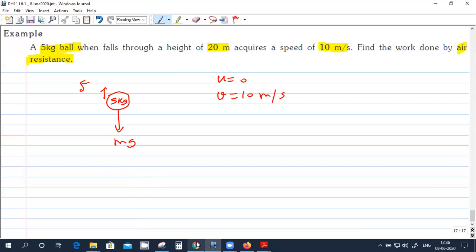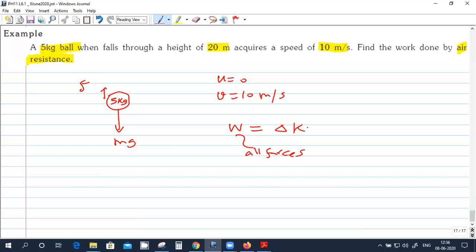So that is after air resistance, right? So you can use the work energy theorem. Work done by all the forces equals the change in kinetic energy.